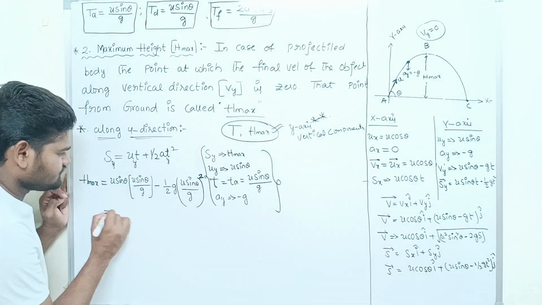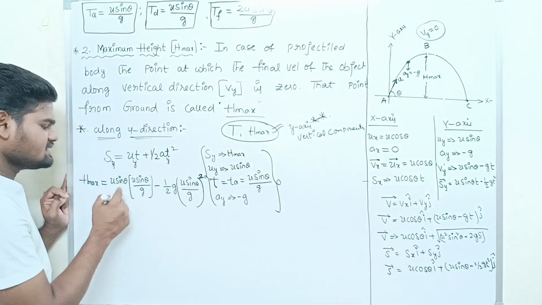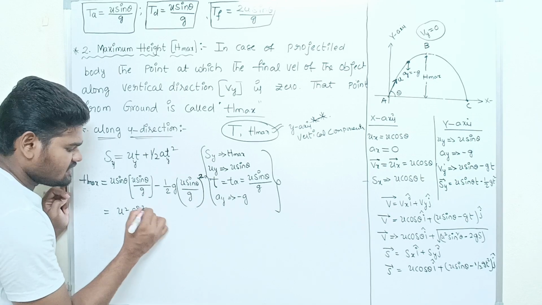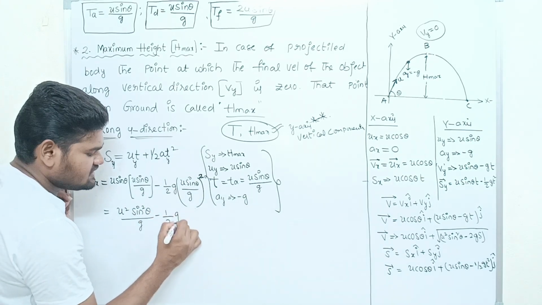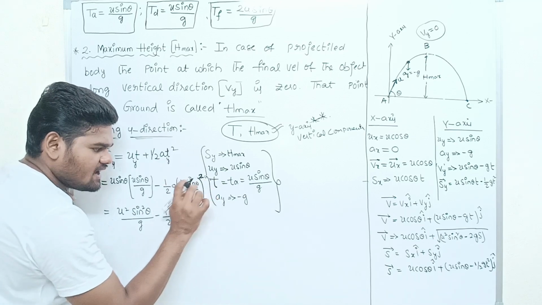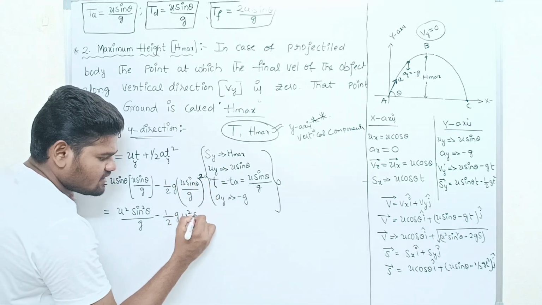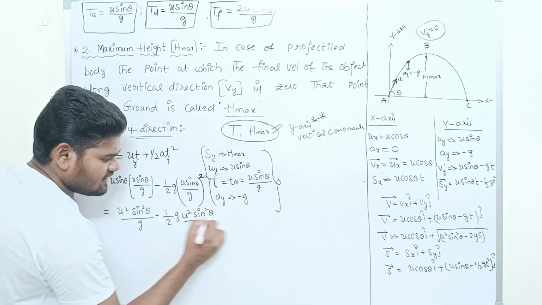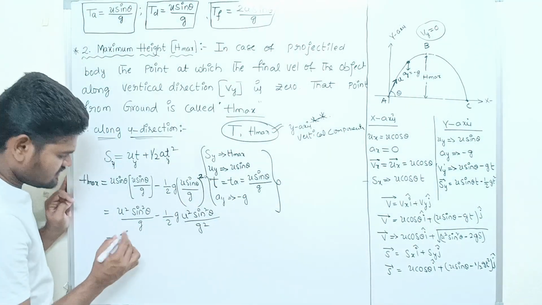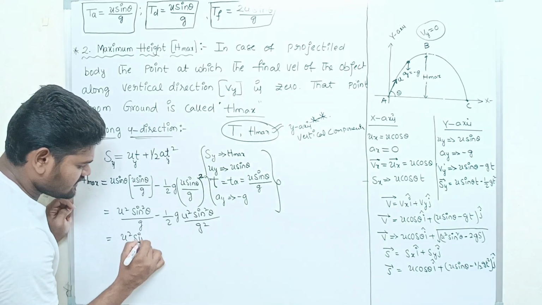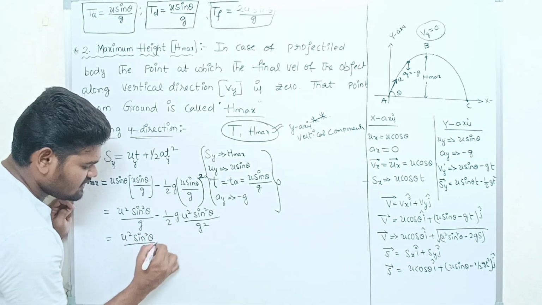So u into u square, sin theta into sin theta, sin square theta, divided by g. So here minus 1 by 2 g into u square sin square theta divided by g square. That is equal to u square sin square theta divided by g minus.